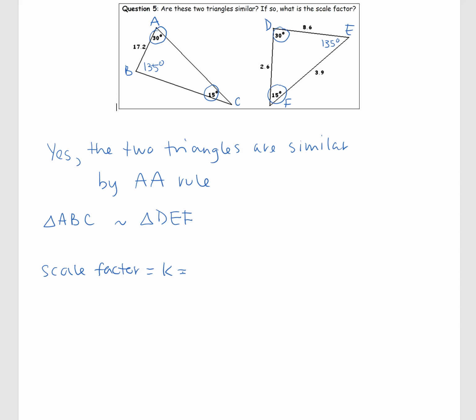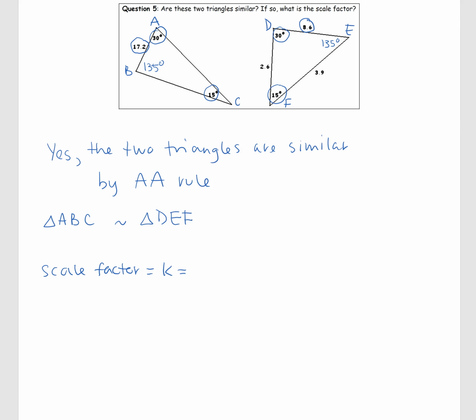On the triangle on the left, the only side value we've been given is 17.2, and this is on the side between our 30-degree angle and our 135-degree angle. We want to match that up to the similar side in the other triangle, which is this value here, 8.6.